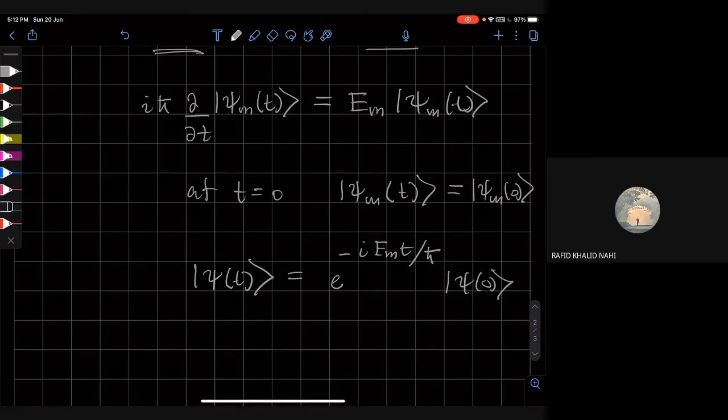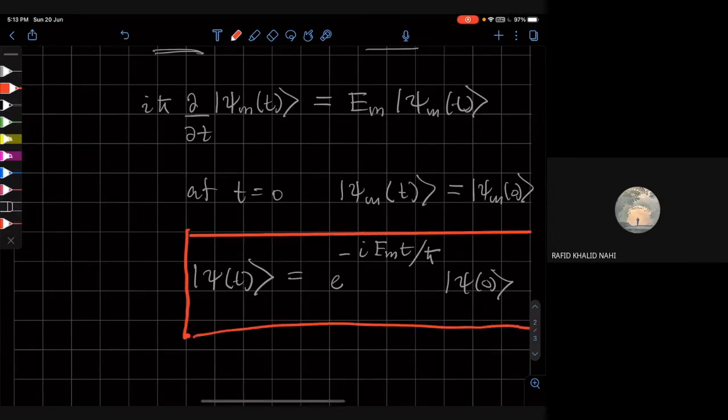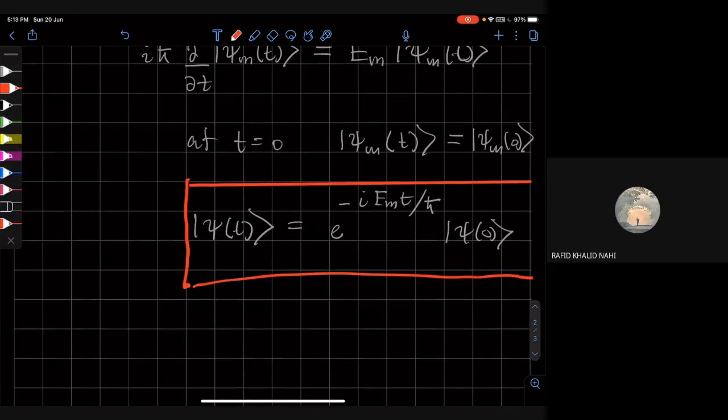And this is an important result that you should always remember: if you have an energy eigenvector, then its evolution is given just by a time-dependent phase factor, which is given by this. But this is only true if H is time-independent.